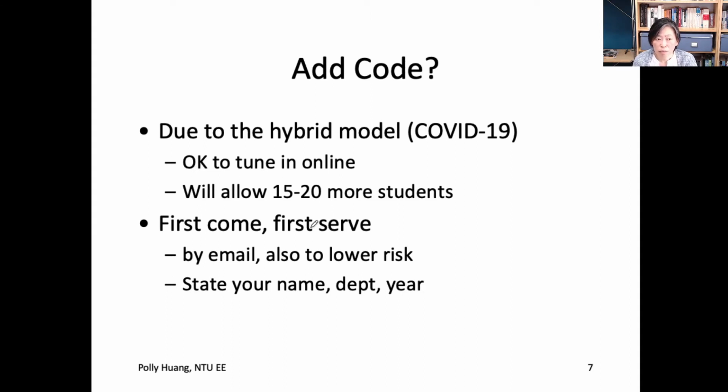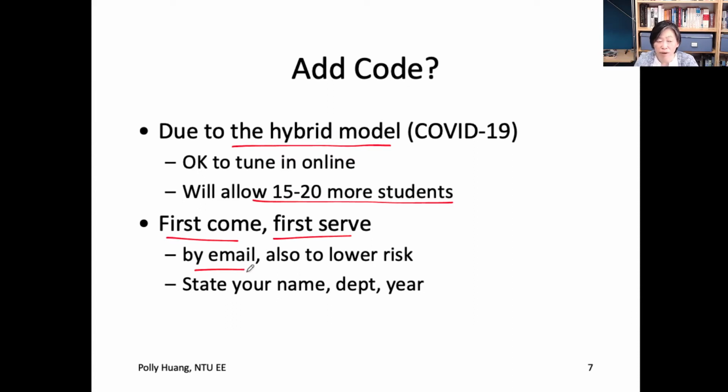Some of you are probably here looking to add the course. Due to the hybrid model, even though we cannot sit all of you in the lecture rooms, if you don't mind attending lectures from time to time remotely, yes, we are allowed to take in more students. It will be on a first come, first served basis and by email. This is to prevent chaos in front of the podium here.